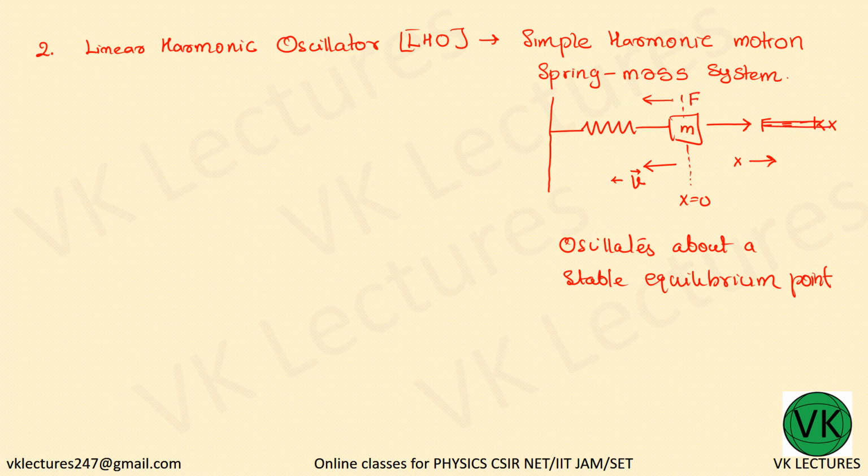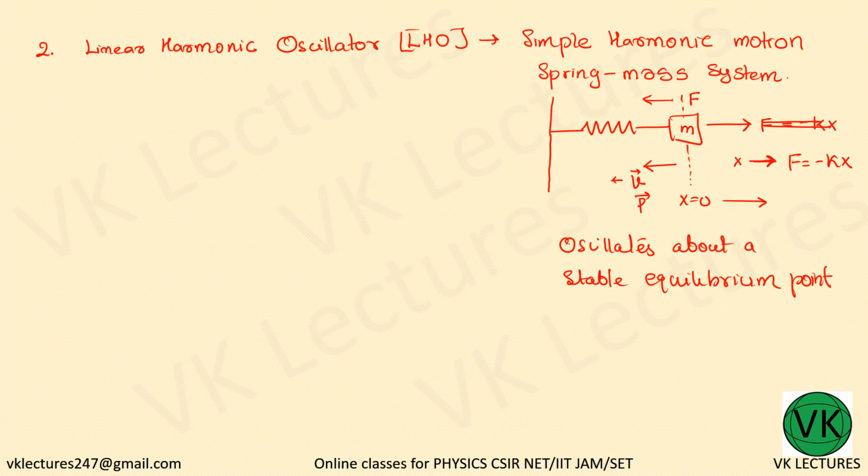So force, when you drag this mass to a certain point after x equal to 0, there is an induced force in this opposite direction. So that force is equal to minus k times x. And similarly velocity is in this direction. So if velocity is in this direction, momentum will be also in the same direction.